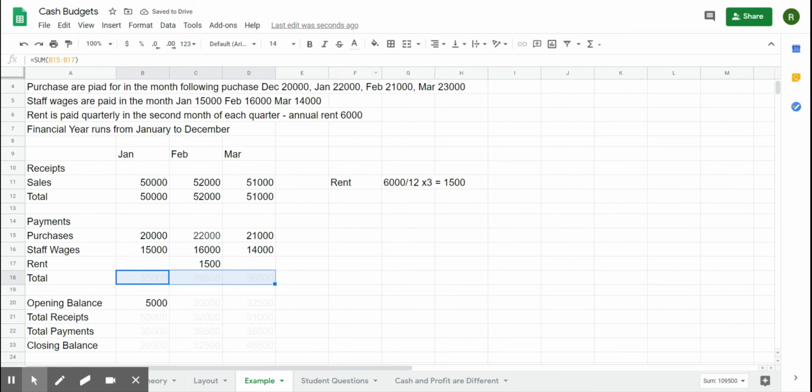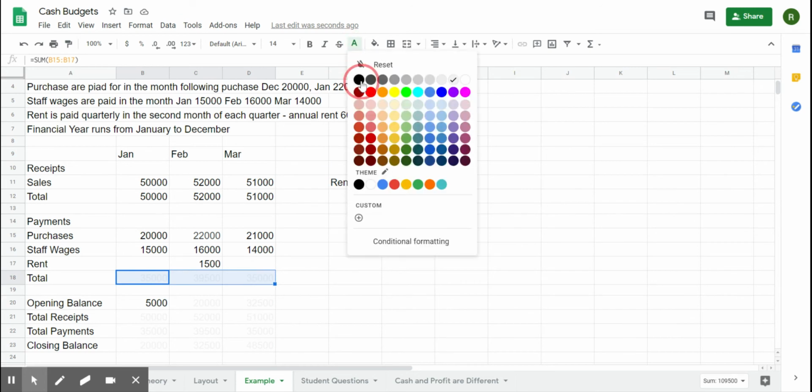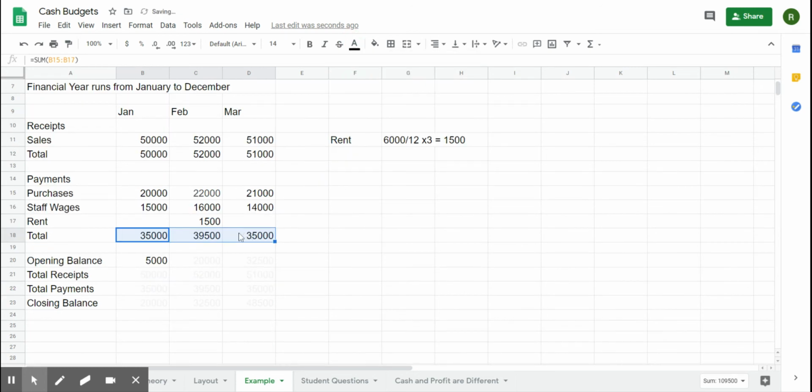We then total up all of the payments, and we then add total receipts and total payments for the first month, which is January. Do our calculation. Remember this calculation, it's important. Opening balance plus total receipts take total payments.